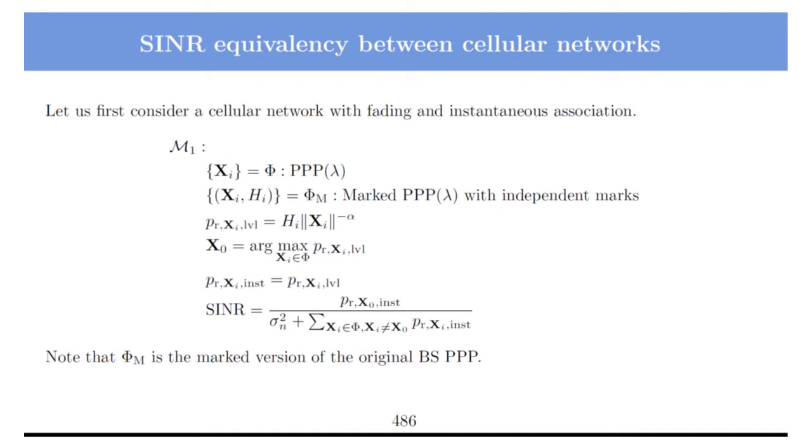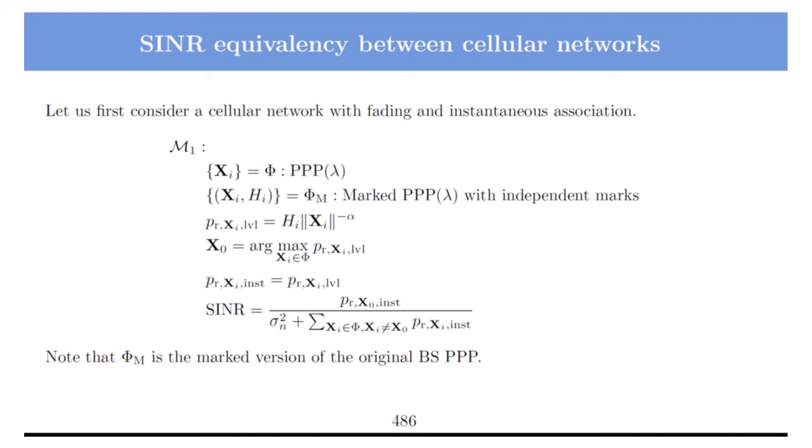Because I am taking the instantaneous association, my receive power level is the instantaneous power, because based on that I am going to make the decision on association. So receive power would be nothing but Hi times the norm of Xi to the power minus alpha. I have removed other factors, but they can be incorporated without making any changes.